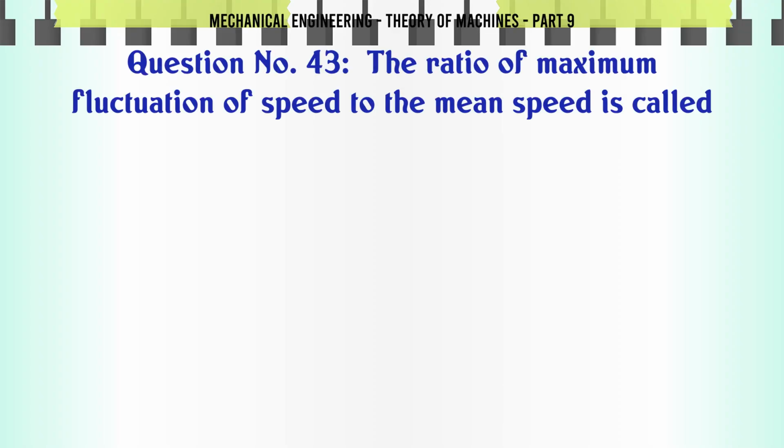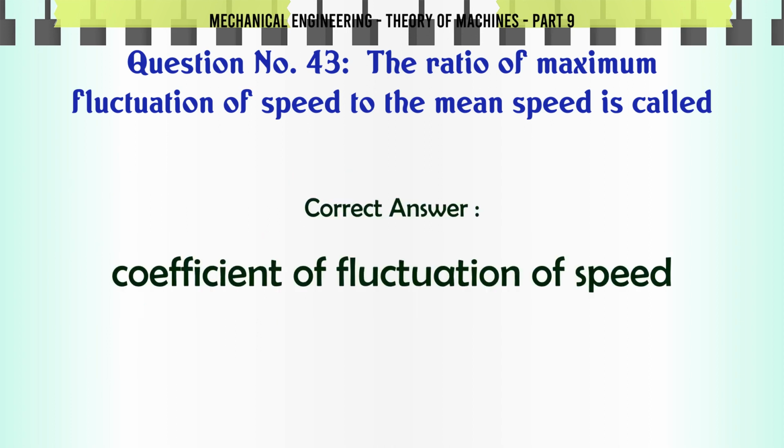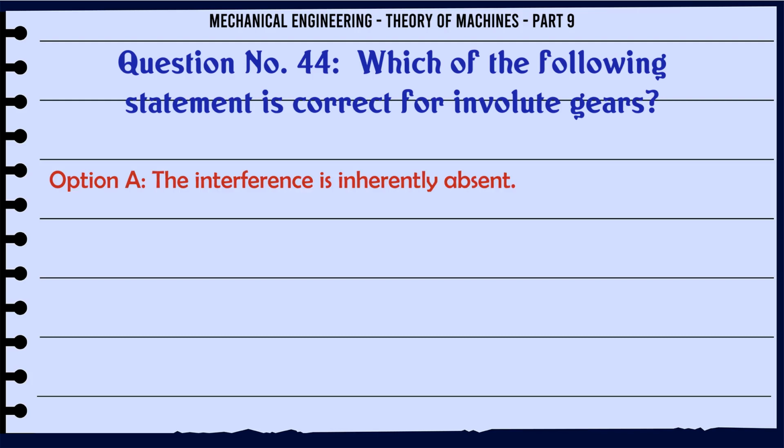The ratio of maximum fluctuation of speed to the mean speed is called A. Fluctuation of speed, B. Maximum fluctuation of speed, C. Coefficient of fluctuation of speed, D. None of these. The correct answer is coefficient of fluctuation of speed. Which of the following statement is correct for involute gears?